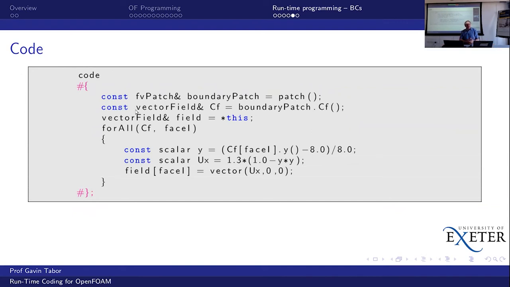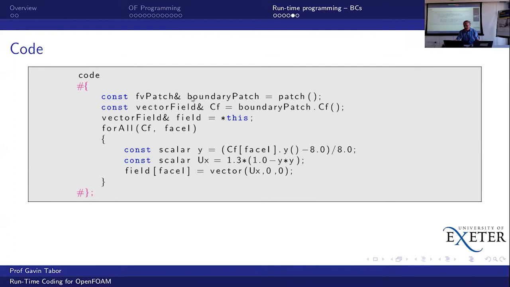So I'm going to be using some of these mesh manipulation things that I told you about earlier. First of all, I'm going to want to access my boundary patch. So it's a class function called patch, gives me access to that. So in order to make this a little bit more understandable, I hope, I've split this down into several sections.